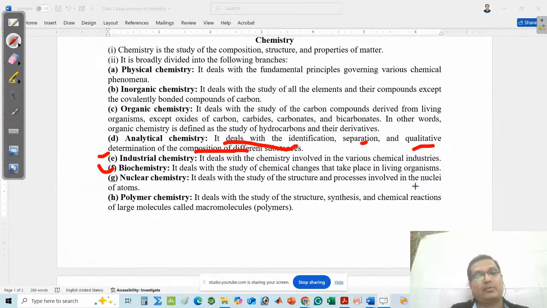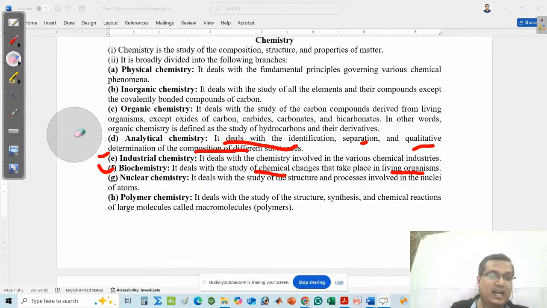For example, photosynthesis, digestion of food, conversion of ATP into ADP energy, like that you can find in biochemistry. I can say that biochemistry is the branch of chemistry which deals with the study of chemical changes that take place in living organisms. Next, I will move to nuclear chemistry.